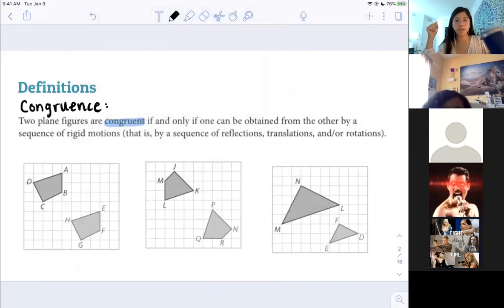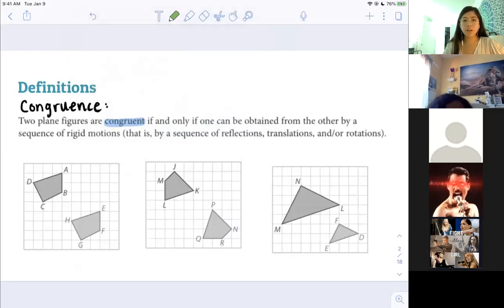Go ahead. Two plane figures are congruent if and only if one can be obtained from the other by a sequence of rigid motions, that is, by a sequence of reflections, translations, and or rotations. Good. So we've talked about this already, but we're putting a new word in our vocabulary list.